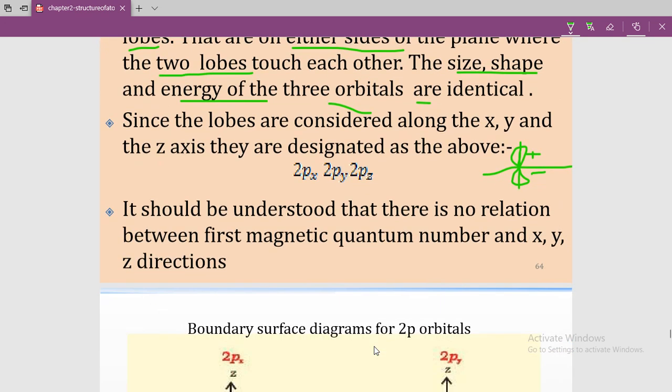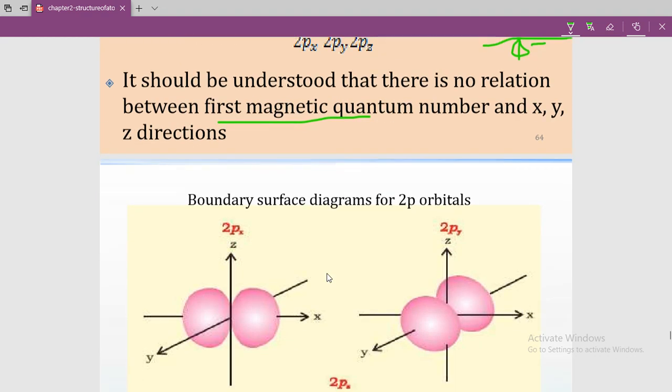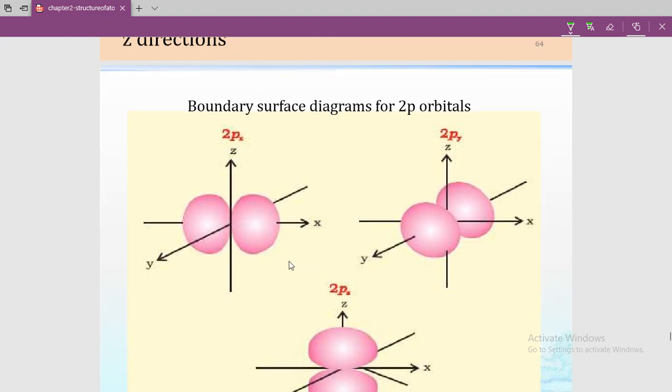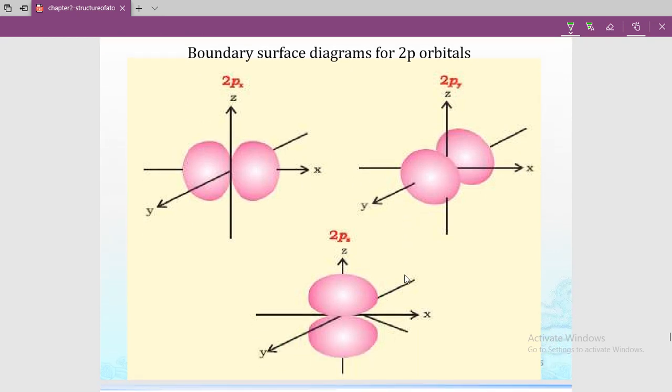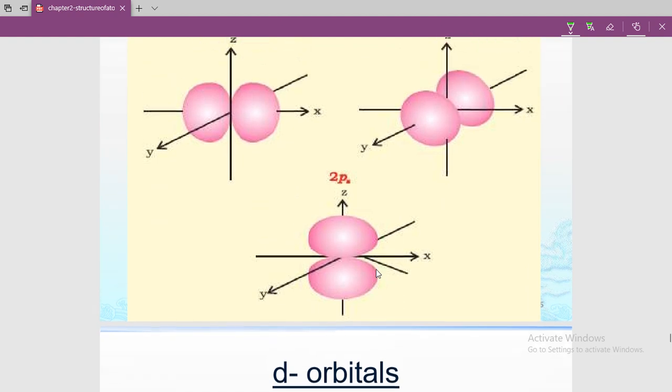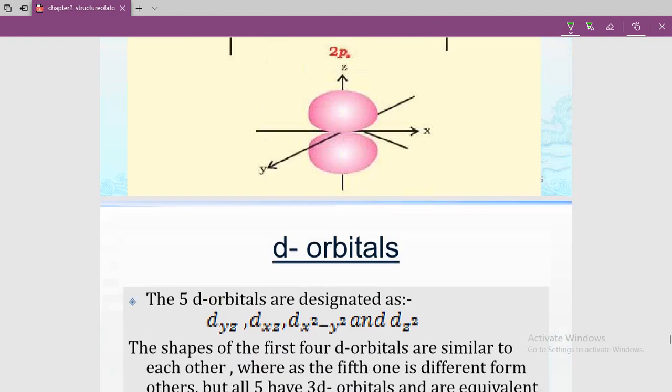It should be understood that there is no relation between the magnetic quantum number and the x, y, z directions. You see here, this one is px, this one is py and this one is pz. This is the orientation of the p orbital.